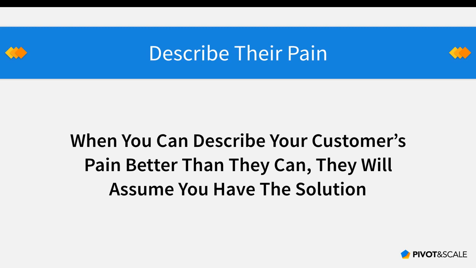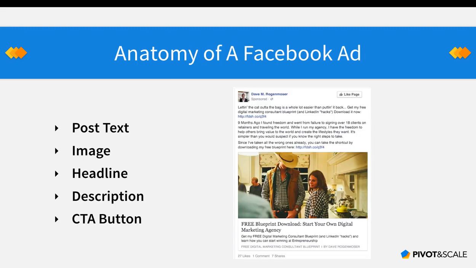When you can use their own language and almost write a page in their diary, they're going to assume that you have the solution. They're going to be like, wow, this guy knows me. This guy knows my pain. He has the solution. So we want to make sure that we are describing their pain as deeply as we can, and ideally in the words that they use to describe their pain.